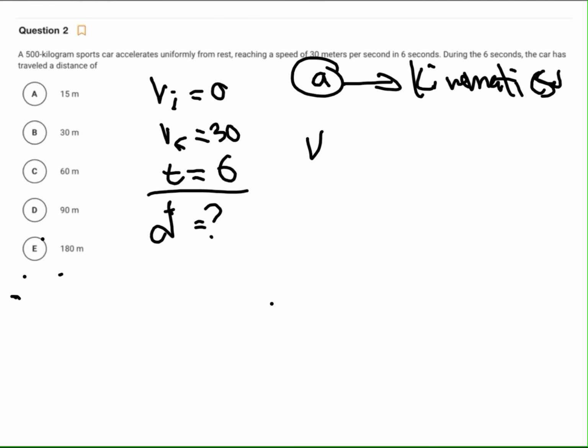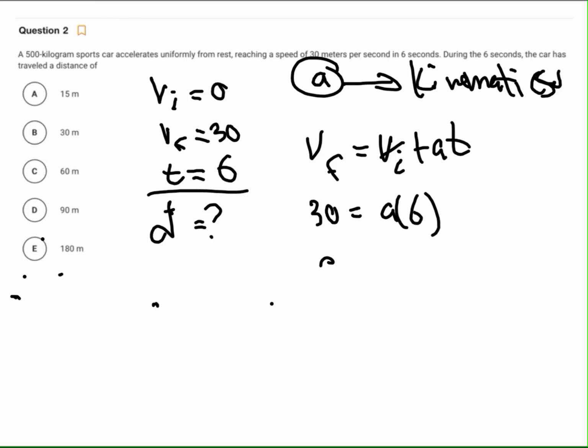So we say vf equals vi plus at. vf is 30, vi is 0. a times 6 seconds. a ends up being 5.